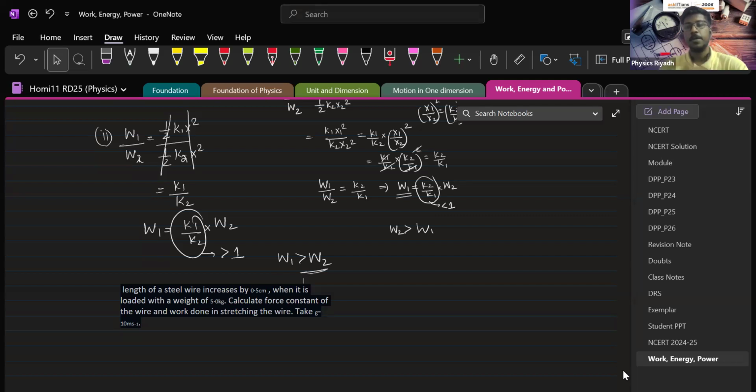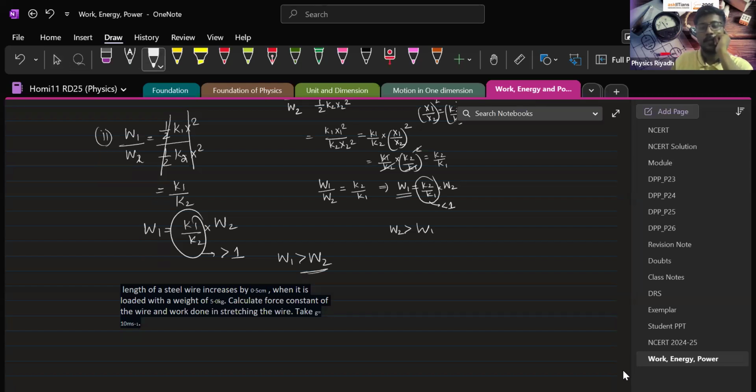Yes, Areeb, can you tell me how to calculate this? Length of the steel wire is increased by 0.5 centimeter when it is loaded with a weight of 5 kilogram. Calculate the force constant of the wire and the work done in stretching the wire.